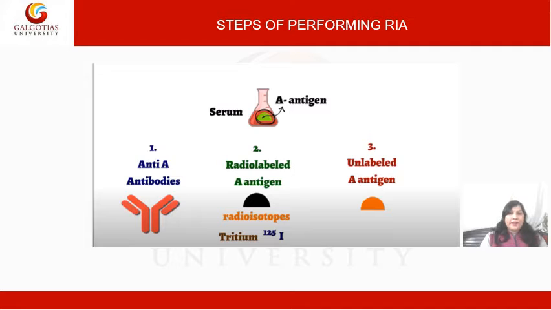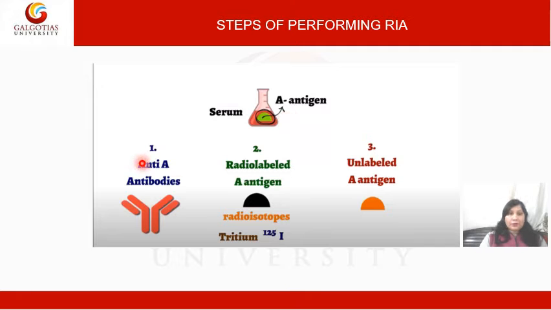In addition to these two things, the anti-A antibodies and the radio labeled A antigen, we also need unlabeled A antigen. Again, we have to find out the concentration of A antigen in this serum. Apart from this serum, we need three extra things.